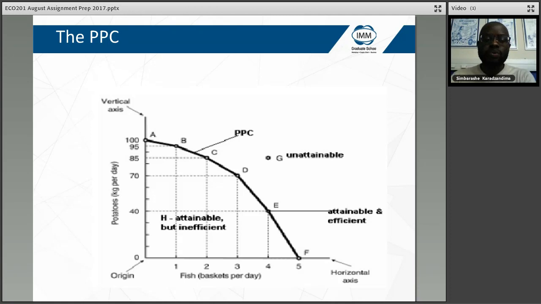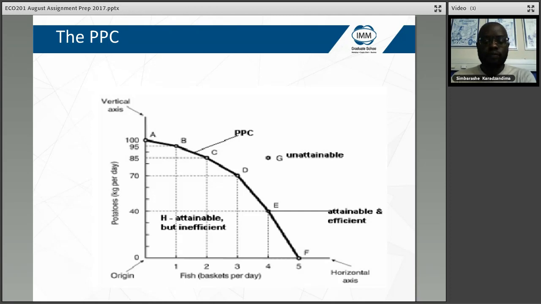When you look at the PPC, we have two extreme points, point A and point F. If we are at point A, we are using all our resources to produce 100 kgs of potatoes and we are producing none of the fish.